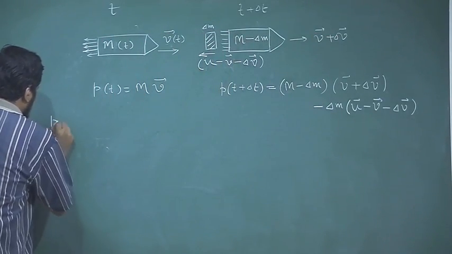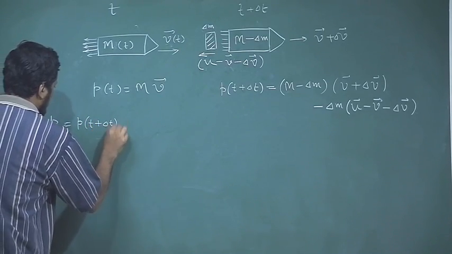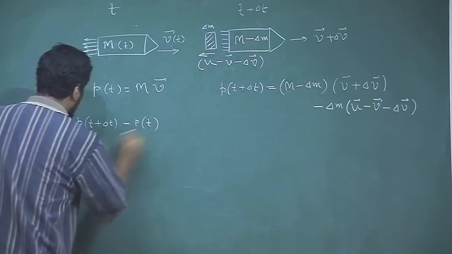So we compute delta p, which is p of t plus delta t minus p of t.